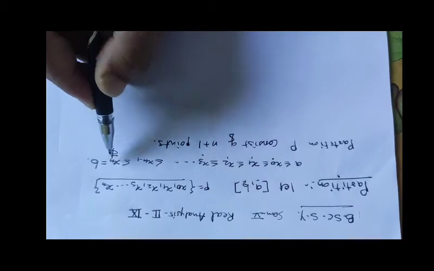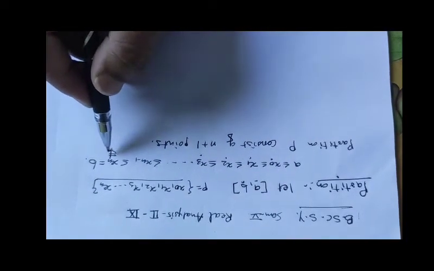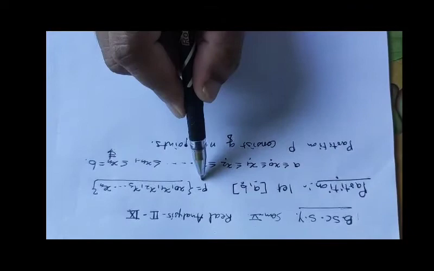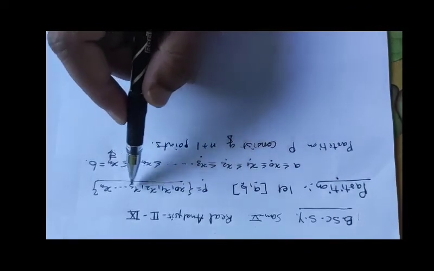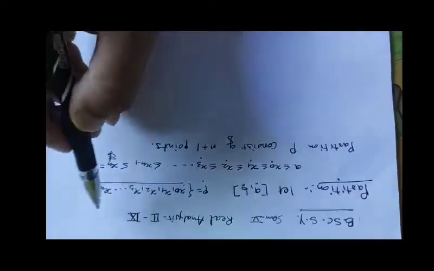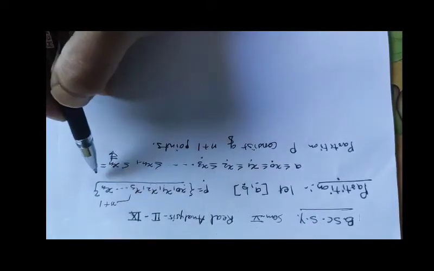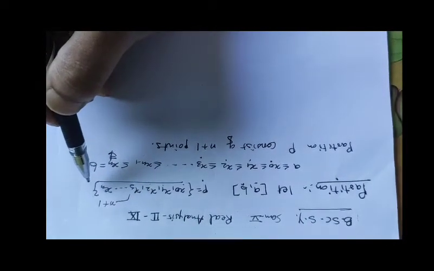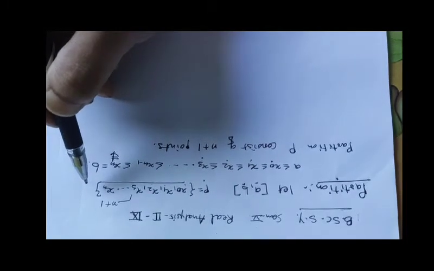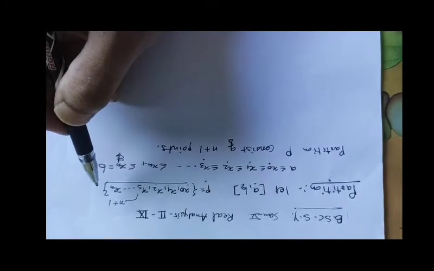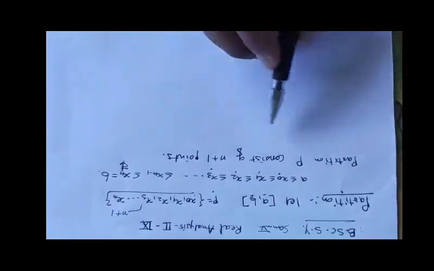In the partition P, x0, x1, x2, how many elements are there? There are n plus 1 points. So clearly any member of the partition of [a, b] can be considered in the interval.